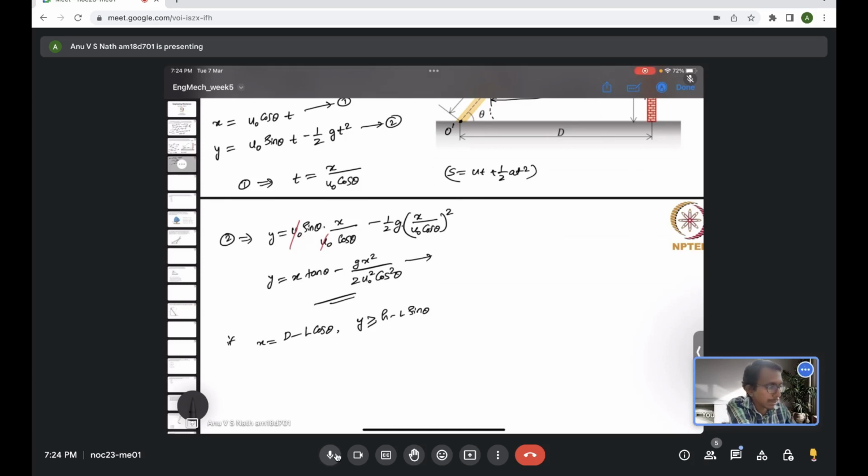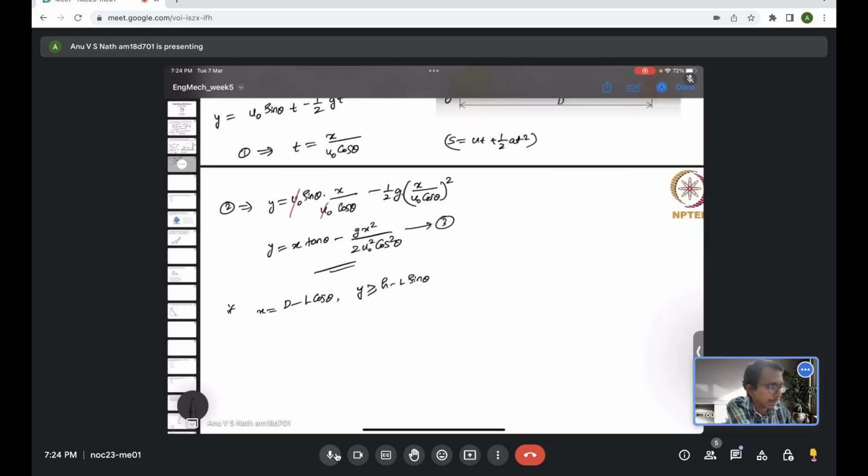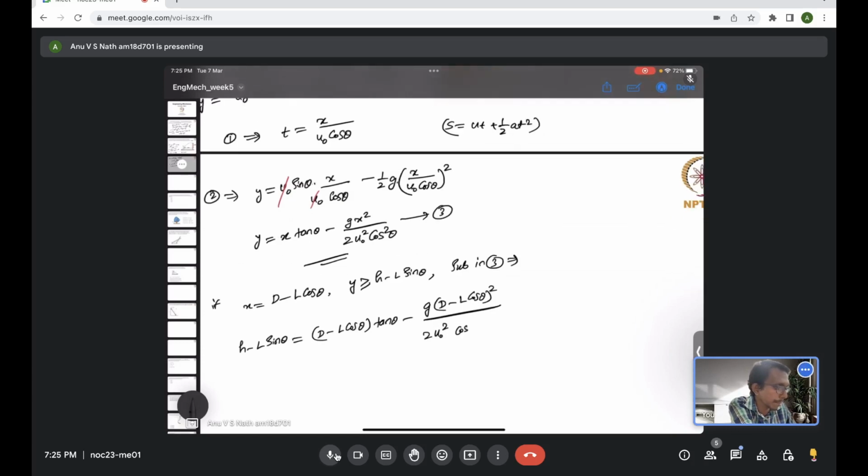So substitute that in equation 3. If we substitute this in 3, which is the critical thing, h minus L sin theta should be equal to d minus L cos theta times tan theta minus g times d minus L cos theta the whole square by 2 u0 square cos square theta.